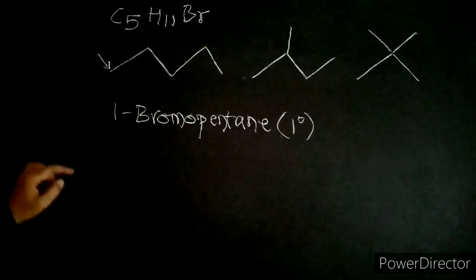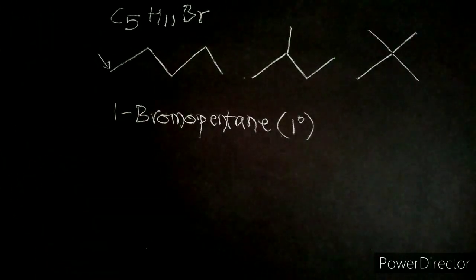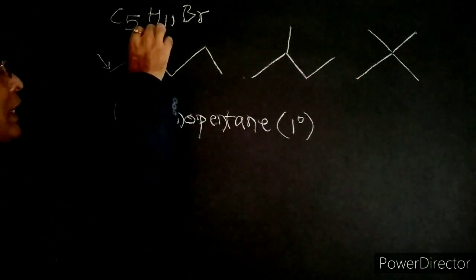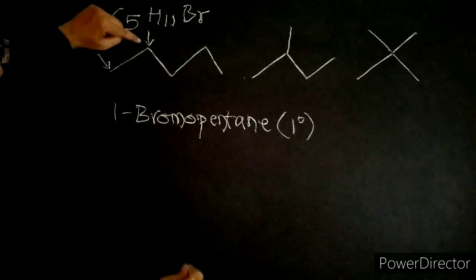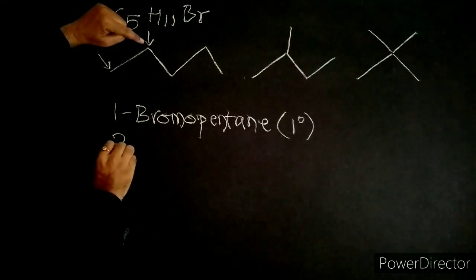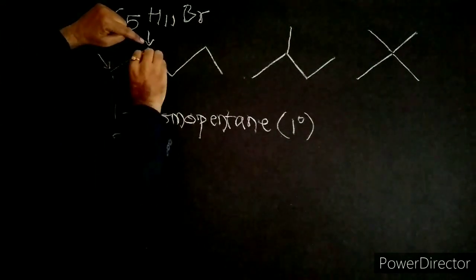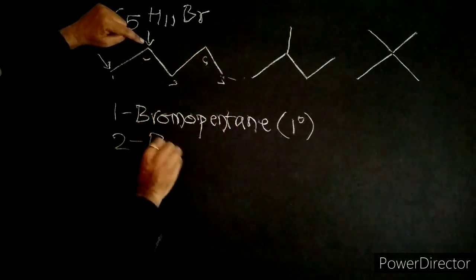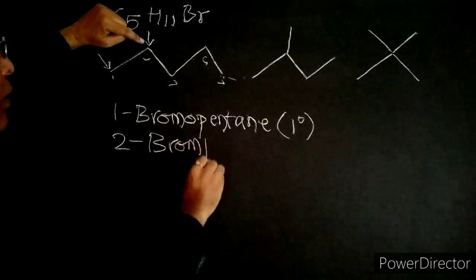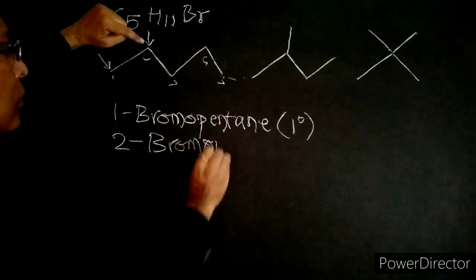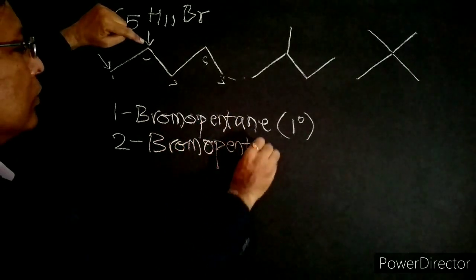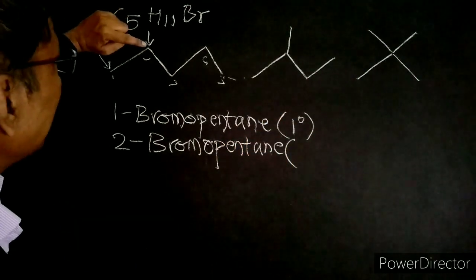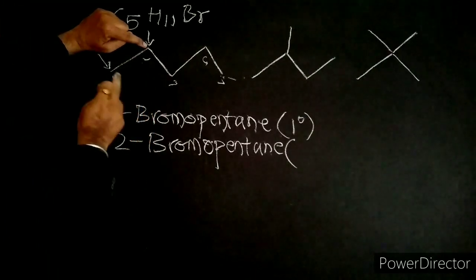Next, if the bromine is present on this carbon atom, what is the IUPAC name? The longest chain is 1 2 3 4 5, that is 2-bromopentane. The bromine is attached to this carbon, which is attached to 2 other carbon atoms.